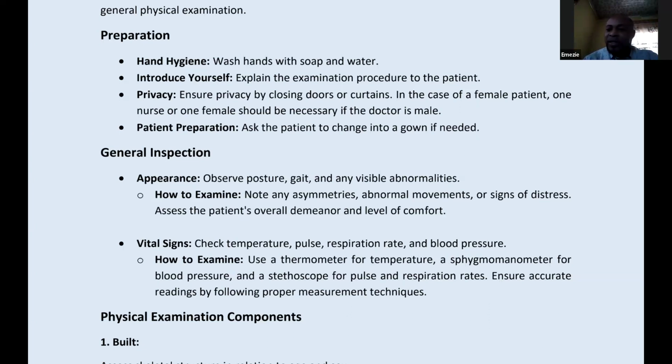If you don't have questions, please indicate that there's no question so that we'll move ahead. I can see Titilola and Blessing. Please indicate if there's a question. You can also type in the chat box.